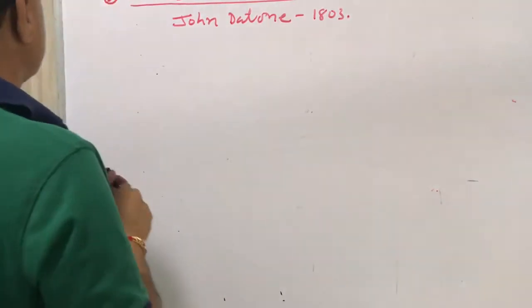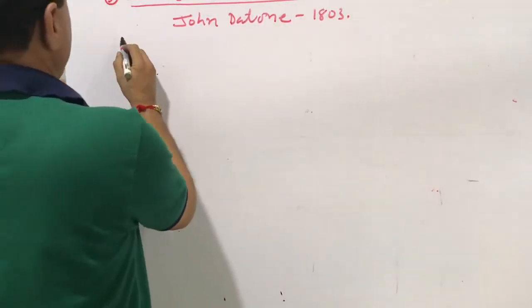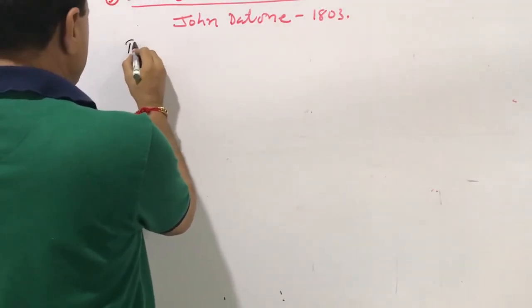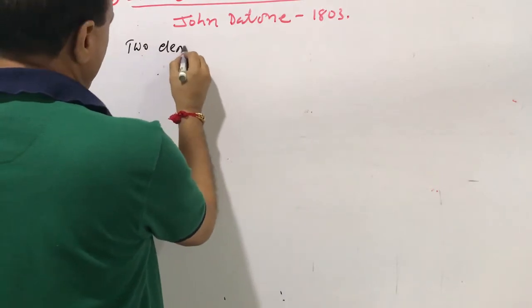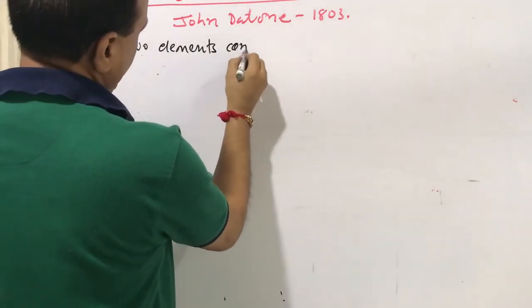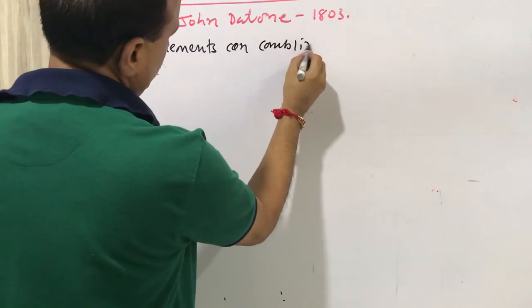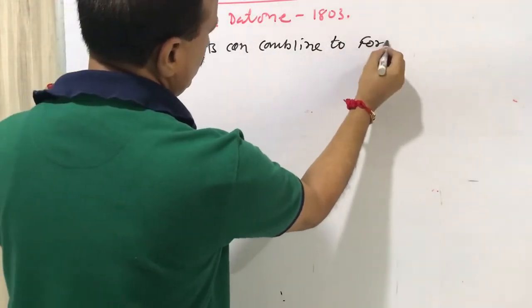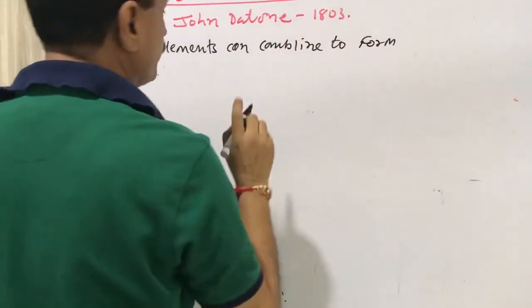What law is explained? Two elements can combine to form more than one compound.